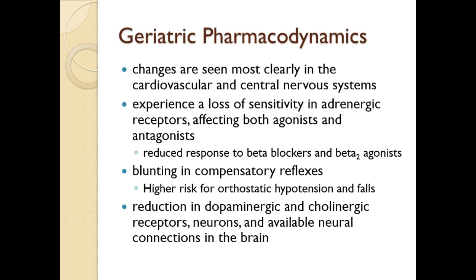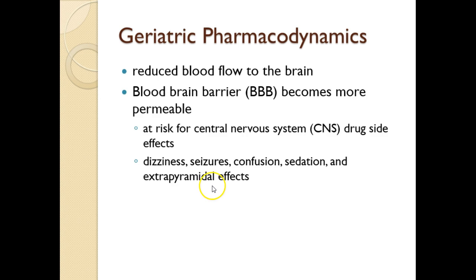Reduction in dopaminergic and cholinergic receptors, neurons, and available neural connections actually results in reduced response to central nervous system drugs. They will have reduced blood flow to the brain.